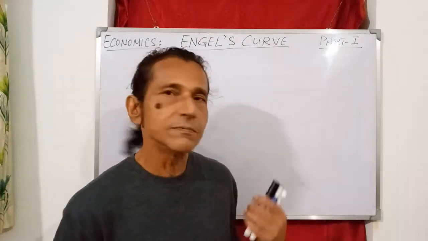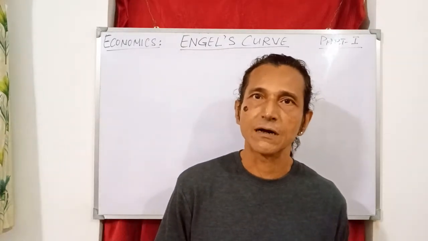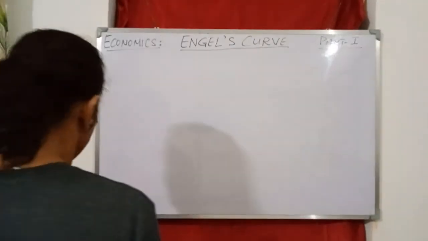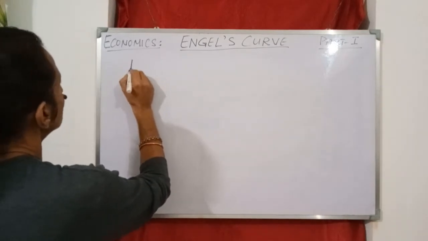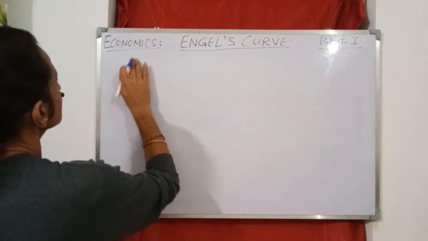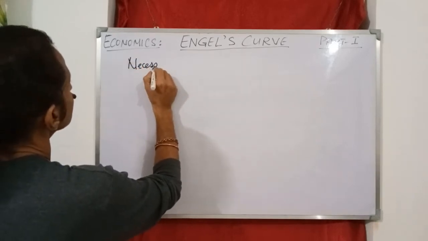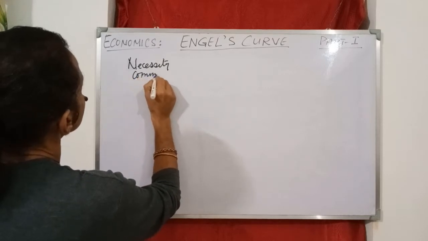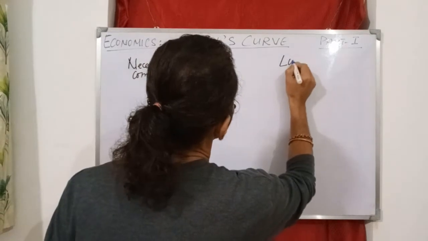Now we shall draw Engel's curve from the income consumption curve. Here we draw the curve for a normal commodity, necessity commodity, and here a luxury commodity.